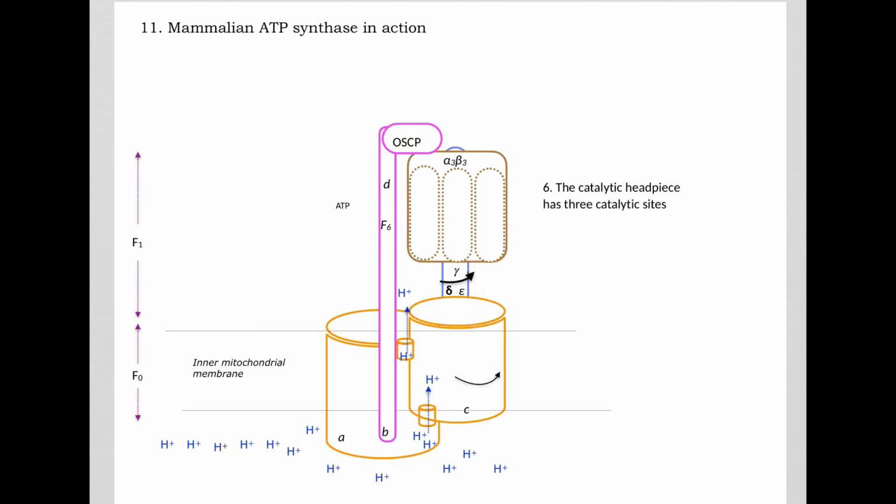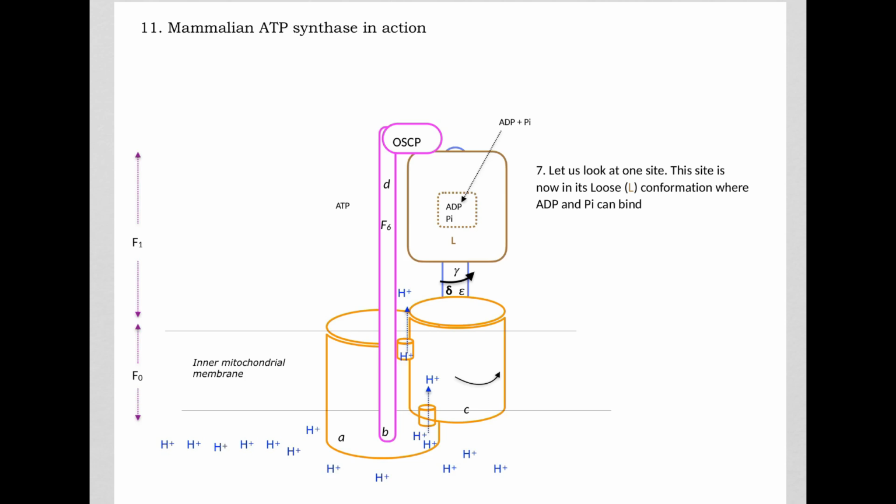The central rotor is closely associated with the catalytic headpiece. The catalytic headpiece has 3 catalytic sites. Let us just look at one of these sites. So you can see this site here. We'll just pick one site.